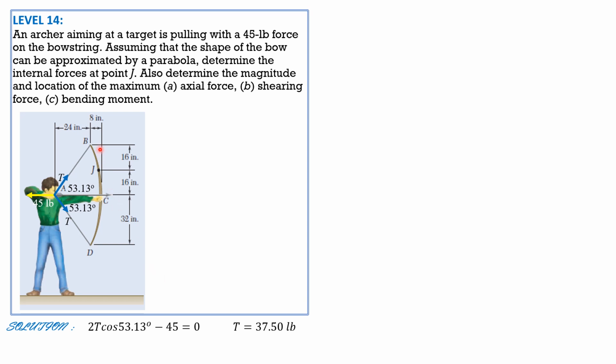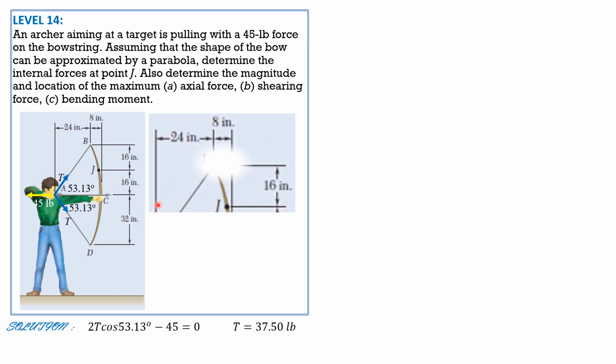Then let's have this portion, C to J, as a free body diagram. Take note that there is a horizontal distance between J and this vertical line here. We can solve that by the square property of parabola.